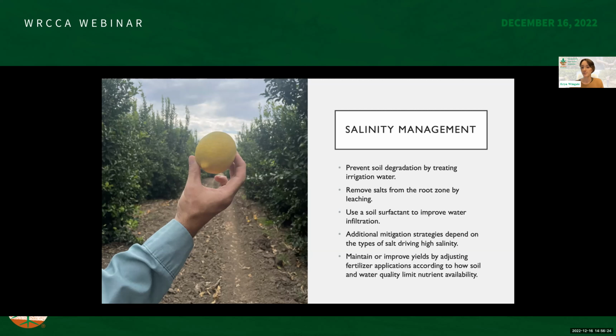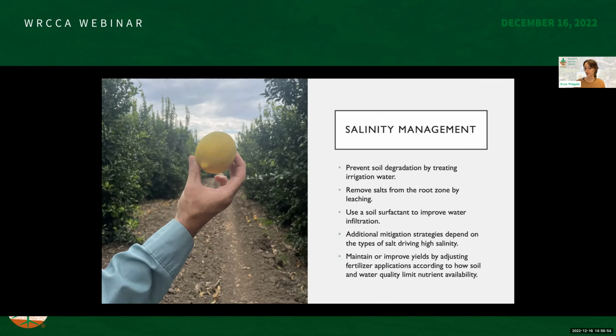And then other mitigation strategies depend on the type of salt driving the salinity, and it depends on the soil chemistry to begin with. So you always want to look at your lab reports together and think through how your treatment options are going to affect the water, and then how that water is going to impact the soil.